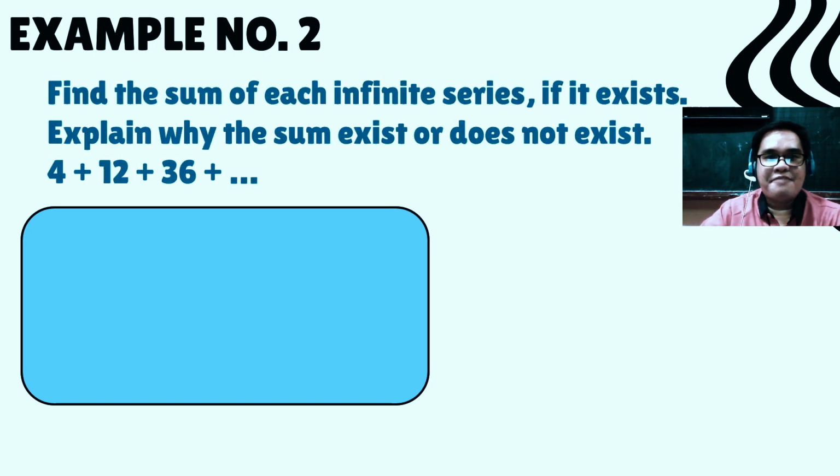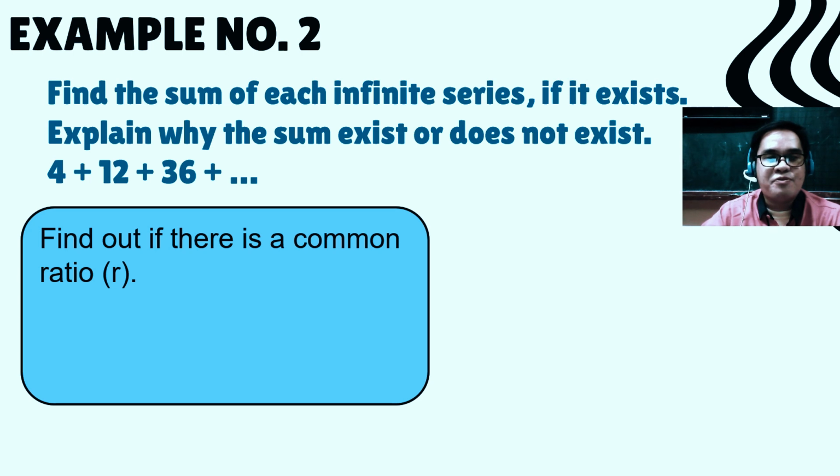Number 2. Find the sum of each infinite series if it exists. Explain why the sum exists or does not exist. So the given sequence is 4 plus 12 plus 36 plus and so on. So we have to find first the common ratio of this given geometric sequence.